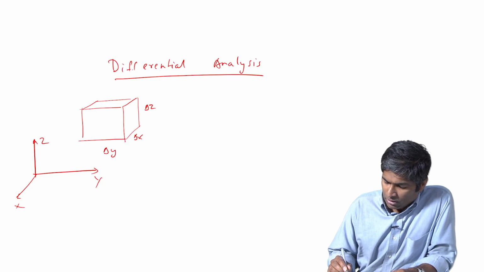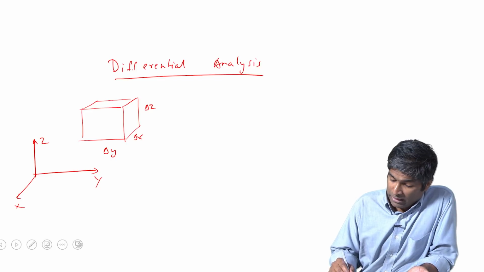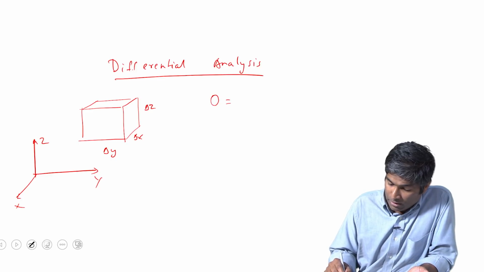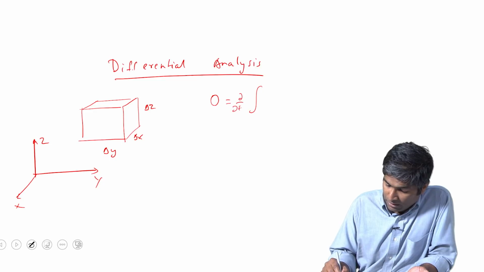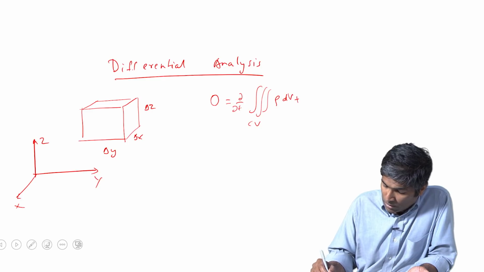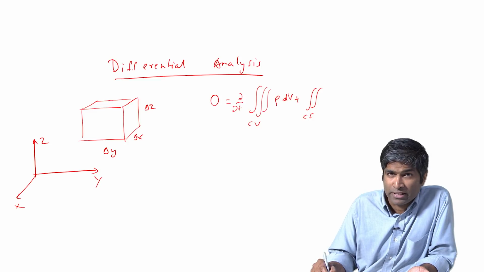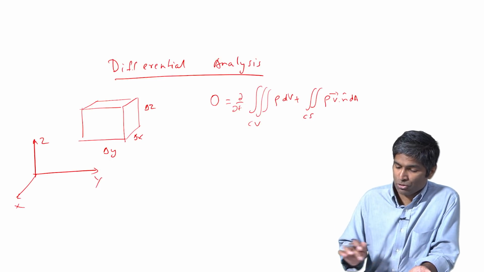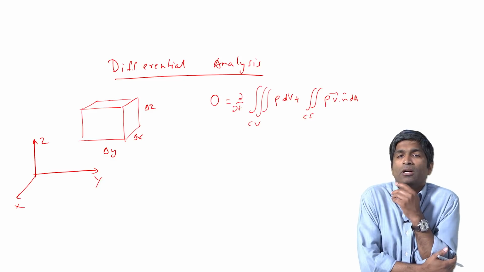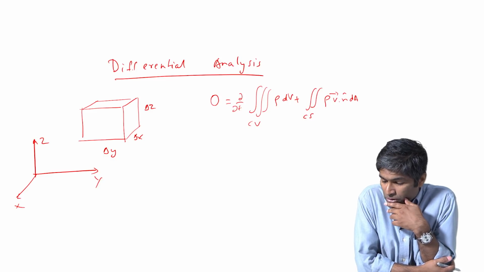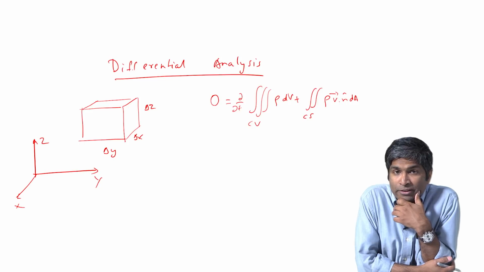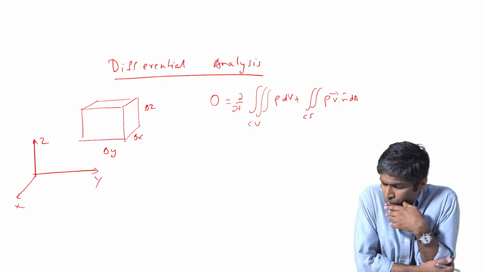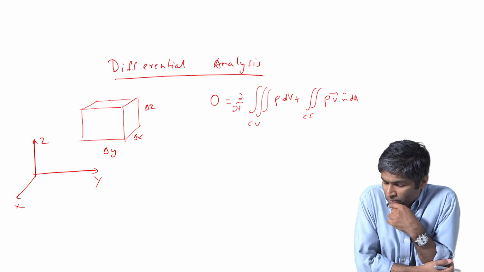So the Reynolds transport theorem in integral form would have said del by del t of my rate of change of mass in the system plus the mass fluxes entering or leaving the system. That should be 0 because there's no net change, or rather mass is not created or destroyed. So what we're going to do is rewrite this in differential form, essentially.